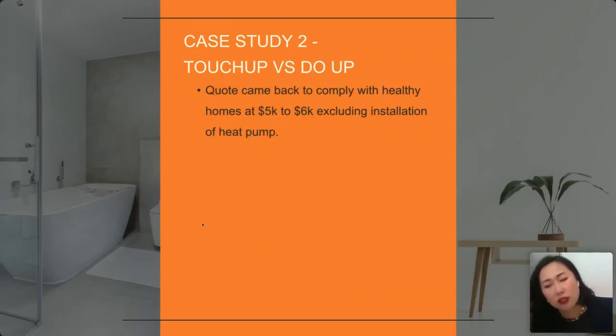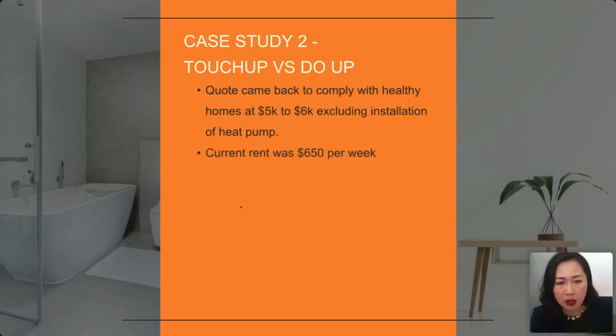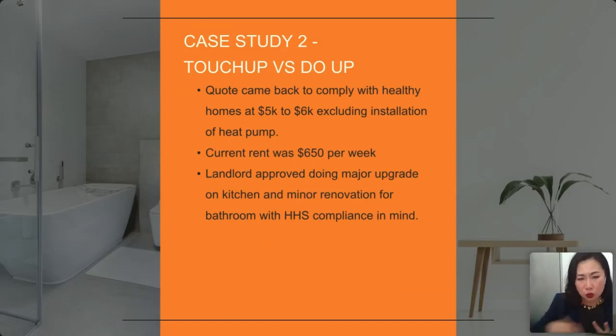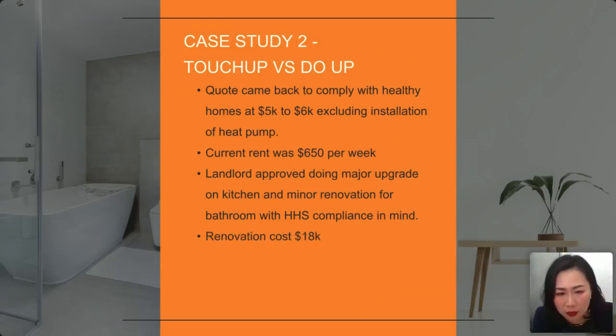Case study number 2: touch-up versus do-up. As you know, we've been receiving a lot of healthy homes assessment reports. The quote for this property came back at $5,500, excluding the heat pump, which was about $3,000, and the current rent was only $650. The landlord decided to do a major upgrade on the kitchen and a minor renovation of the bathroom, making sure healthy homes compliance was taken care of at the same time.